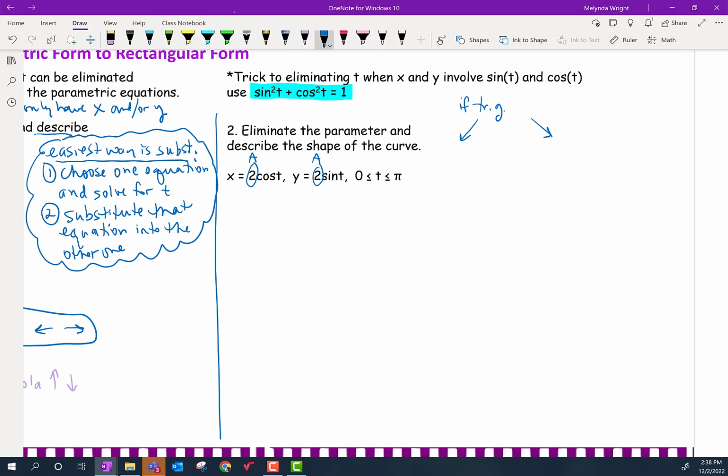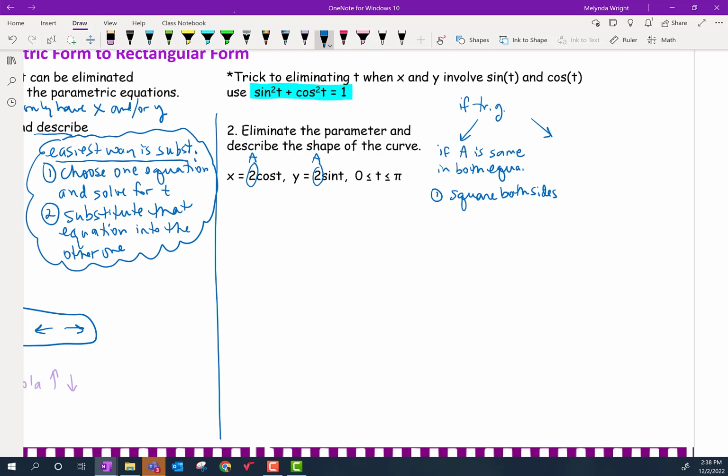If trig, okay, so if A is the same in both equations, then you're going to go this route. Number 1, you're going to square both sides.